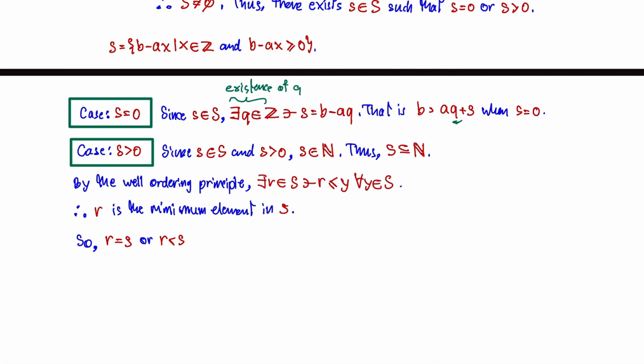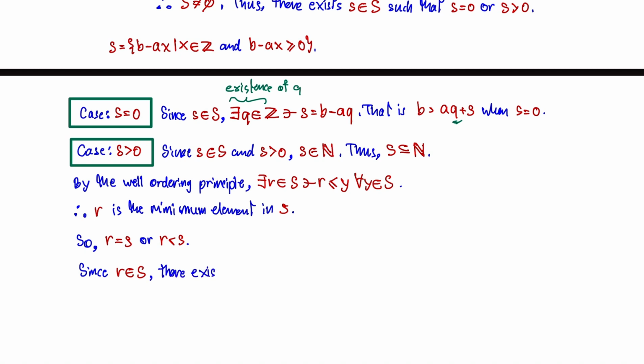Okay? So, what can we do next? Let me think. Now R is in set S. Since R is in set S and R is a minimum, what do we have?